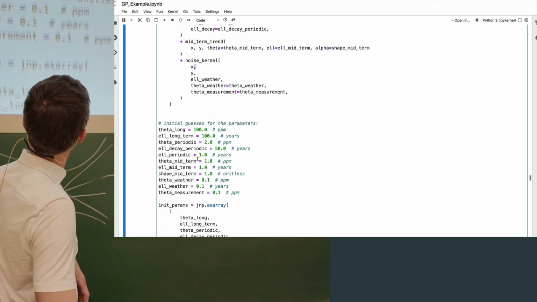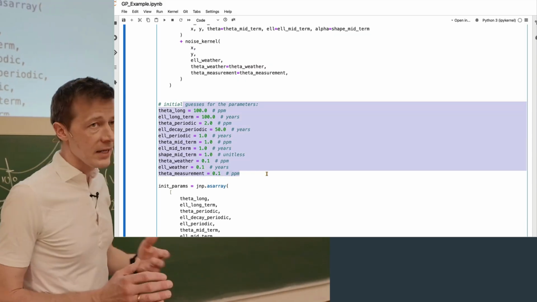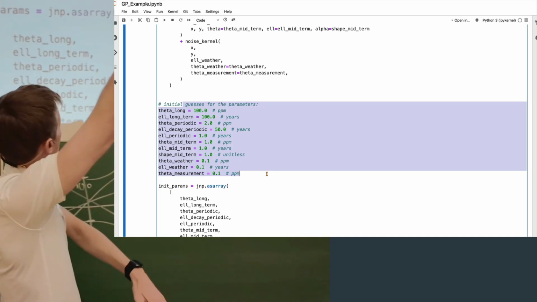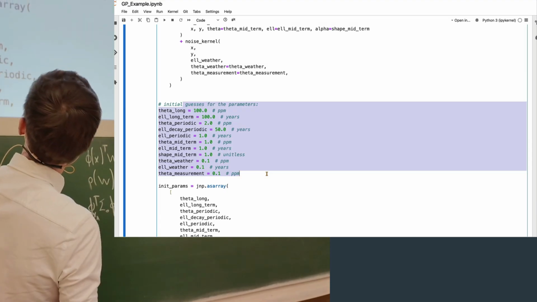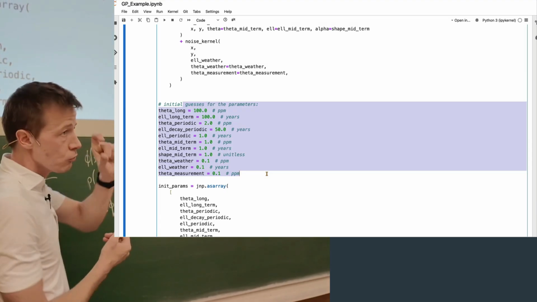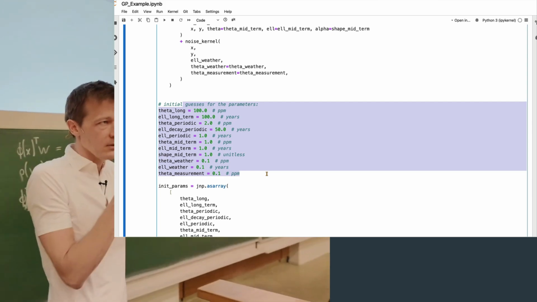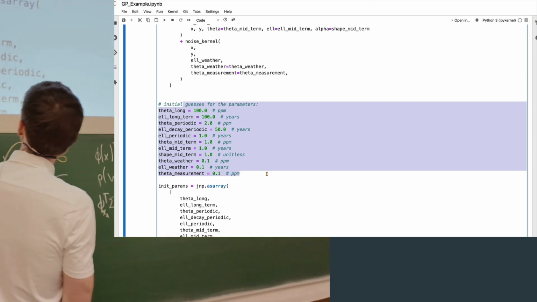And I'm going to define the parameters for all of these. The output scale of the long-term trend is 100 parts per million, moving on a 100-year time scale. The periodic component has 2 parts per million, and the seasons shift on a length scale of 50 years, and so on and so on.